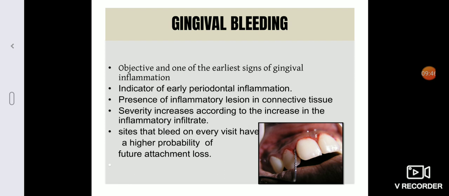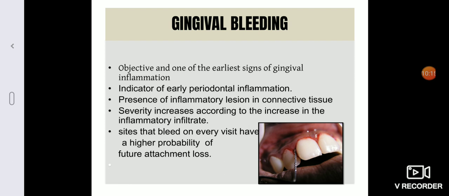So what are the advantages of gingival bleeding on probing? Gingival bleeding is a sensitive indicator of early periodontal inflammation. So it detects periodontal inflammation at a very early stage. The presence of an inflammatory lesion in the connective tissue at the base of the sulcus can be diagnosed with the help of gingival bleeding. The severity of bleeding increases with the increase in the inflammatory infiltrate.